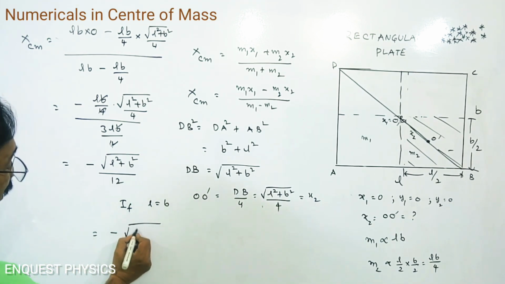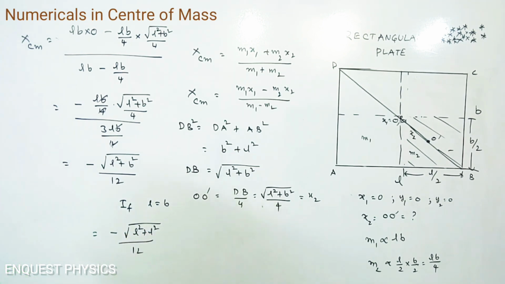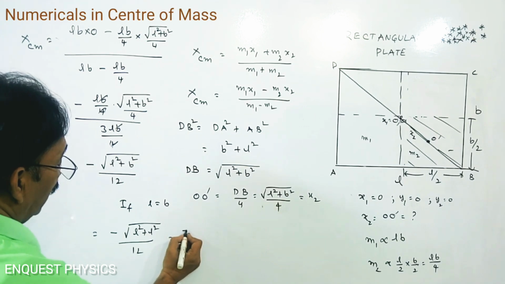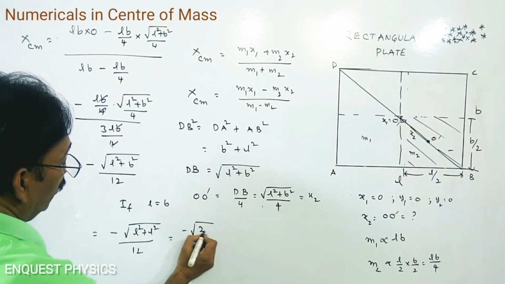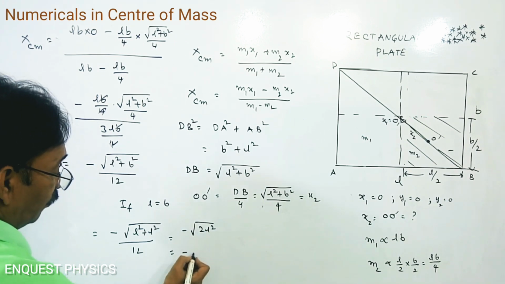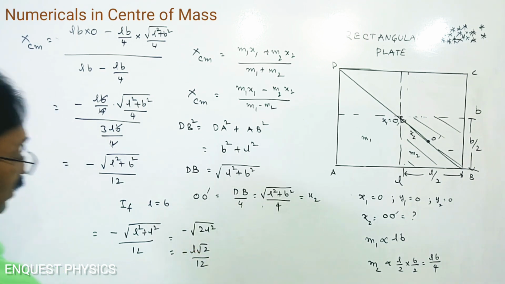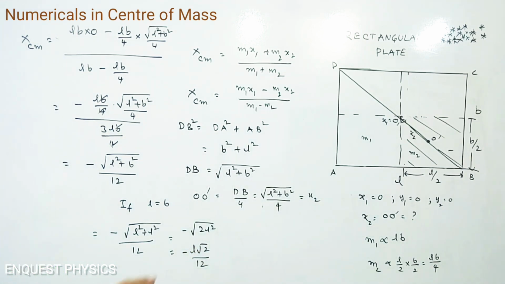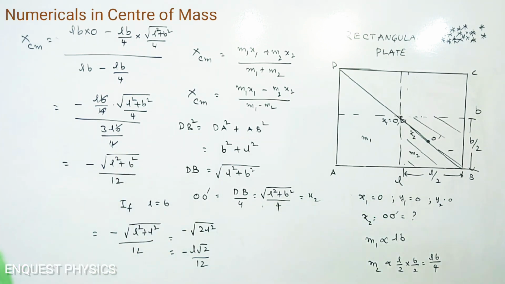Under root of L squared plus L squared by 12. It is minus root of 2L squared, that is minus L root 2 by 12. The same result that you got before. I hope you understood how to solve these kinds of problems.